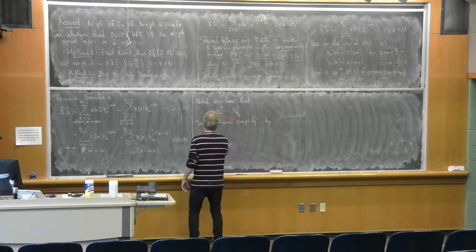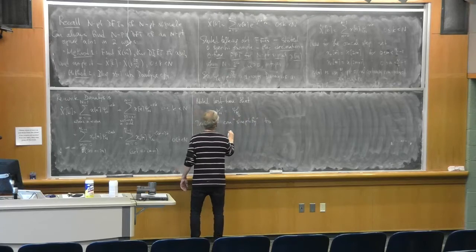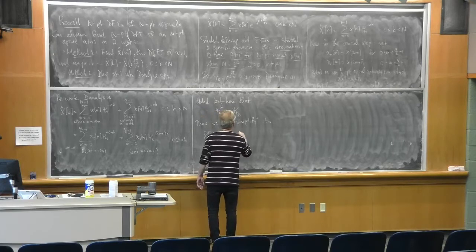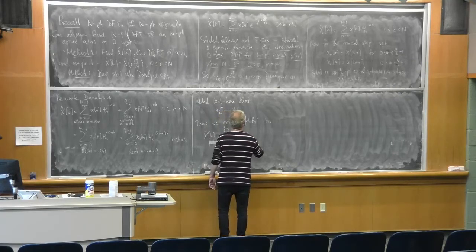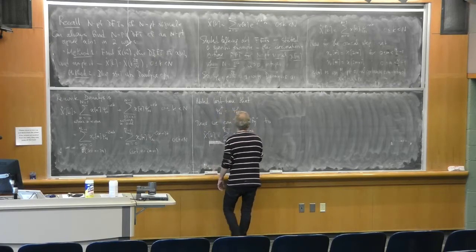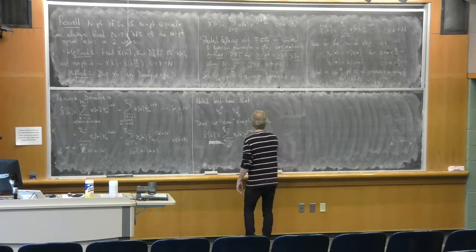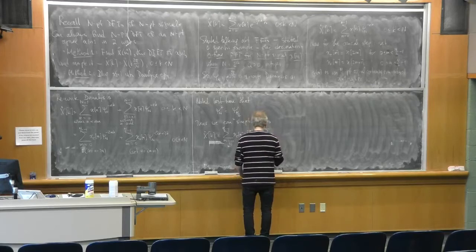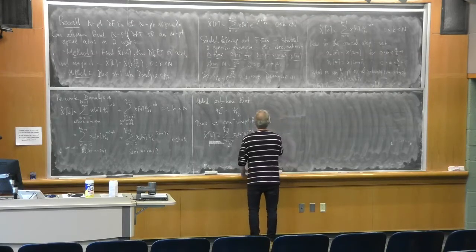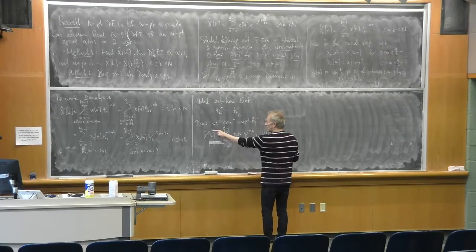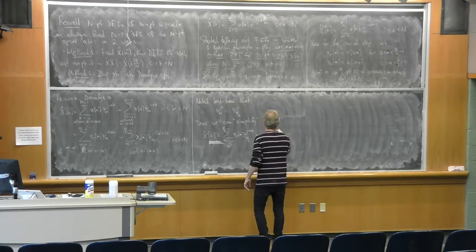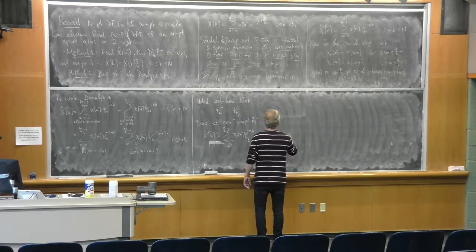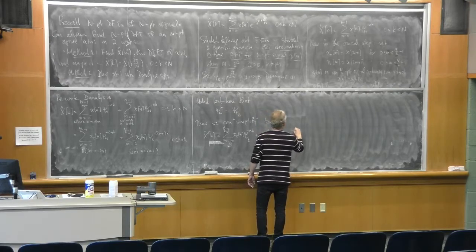To this, x hat of k is equal to the sum from m equals 0 to n over 2 minus 1, x e of m, psi sub n over 2 to the minus mk, plus, and actually I want to factor something out of that, psi sub n to the minus k, times the sum from m equals 0 to n over 2 minus 1, x o of m, psi sub n over 2 to the minus mk.